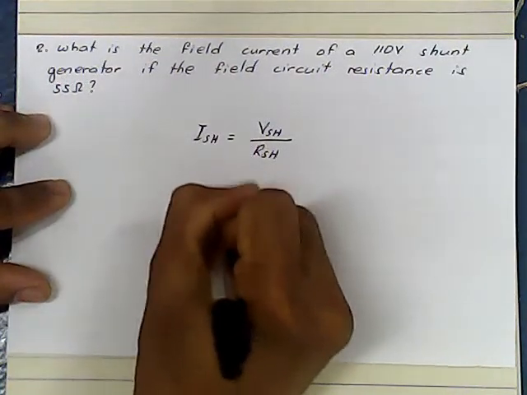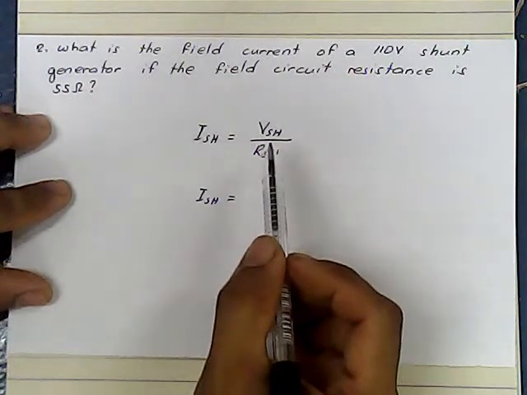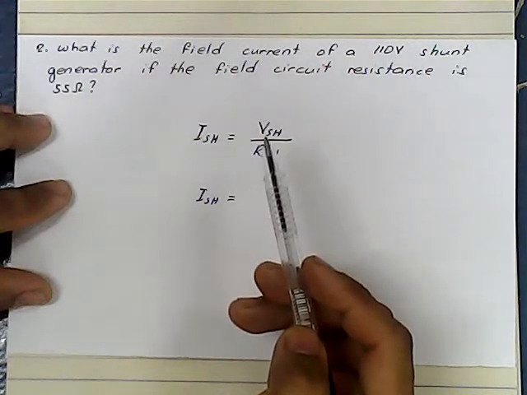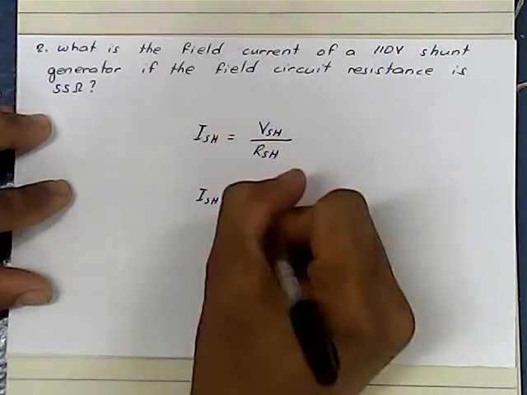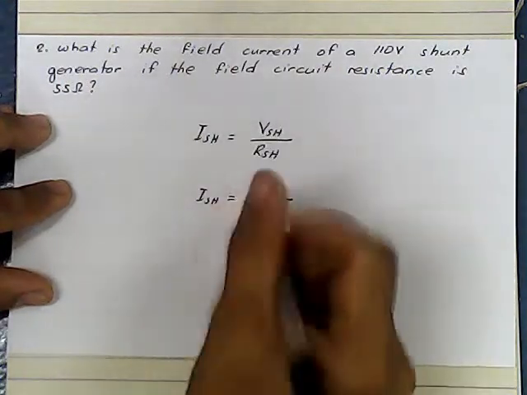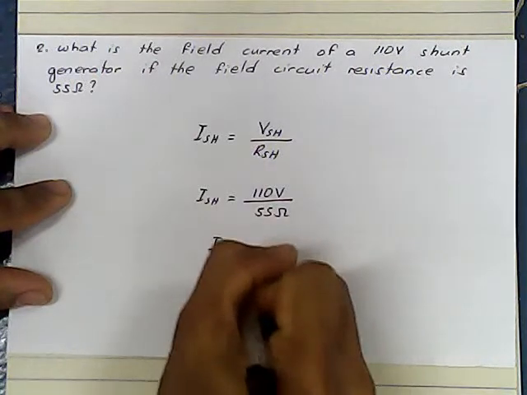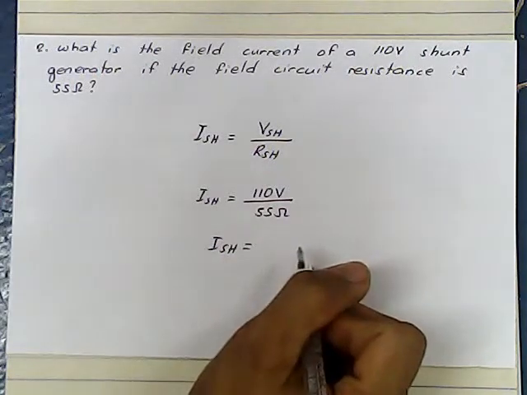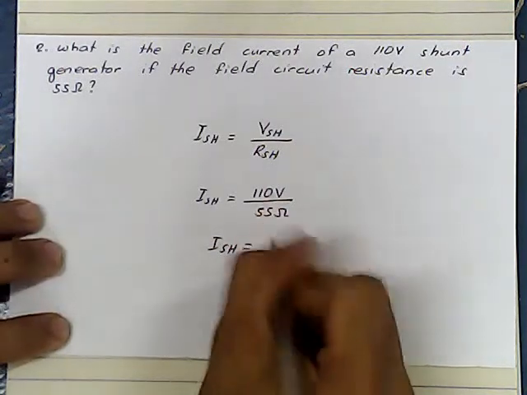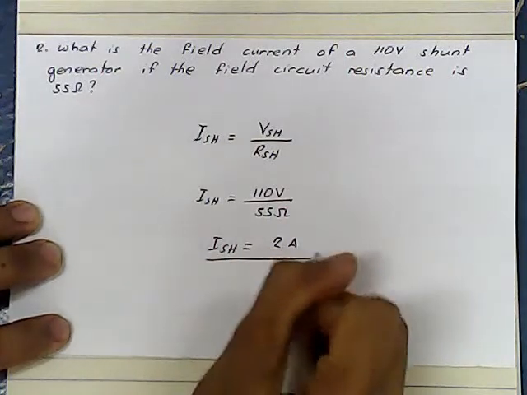So the shunt current, or the field current, is equal to the terminal voltage is 110 volts, which is equivalent also to the shunt voltage. So 110 volts po tayo doon. Divide this by 55 ohms. Therefore, ISH is equal to 110, divide that by 55 ohms will give us 2 amperes.